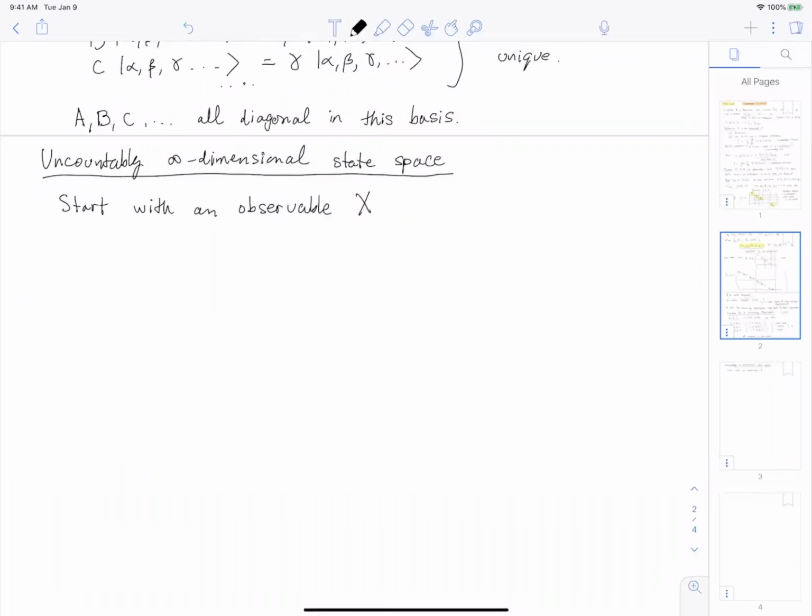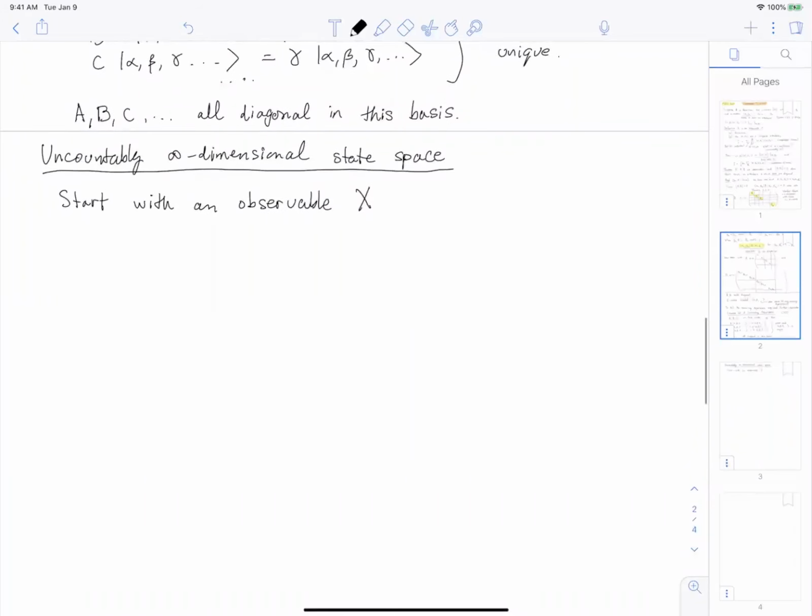Again, in this class, I always use capital letters for operators that are observables, or more generally just for operators. This could be the position of a particle in one dimension, but it doesn't have to be. It could also be the angular position, as we'll talk about in a little bit.